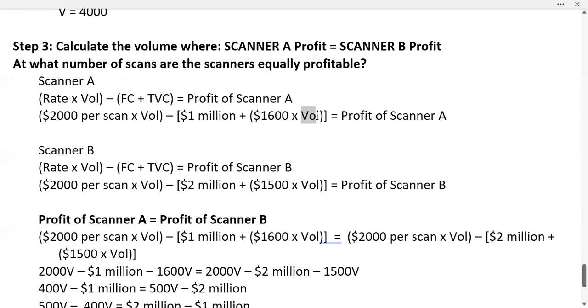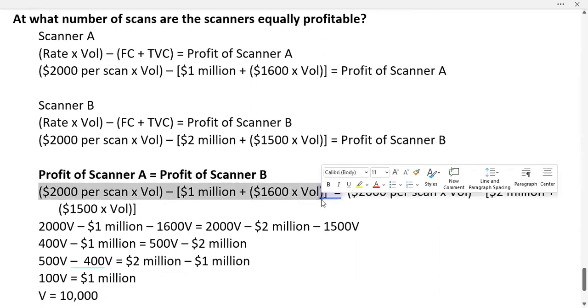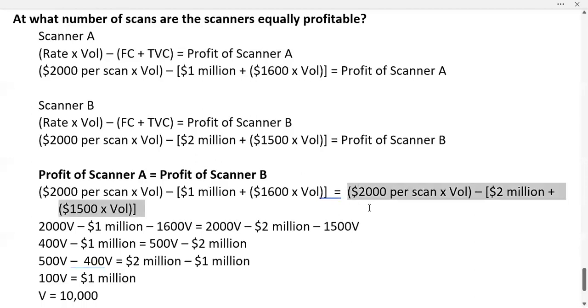We are trying to calculate the volume where scanner A profit equals scanner B profit. So we set the profit of scanner A equal to the profit for scanner B.